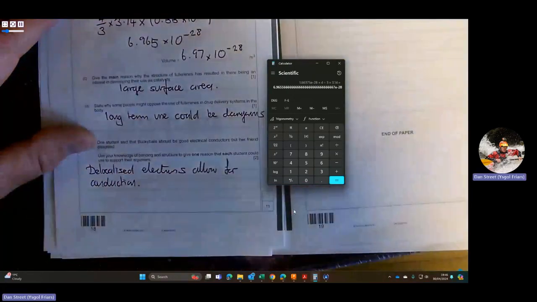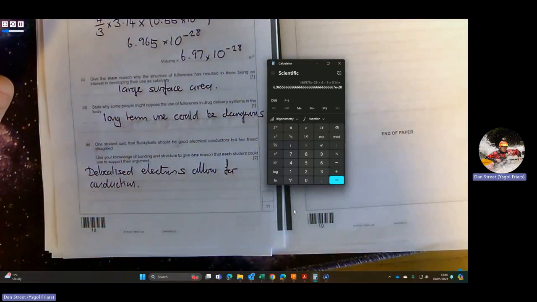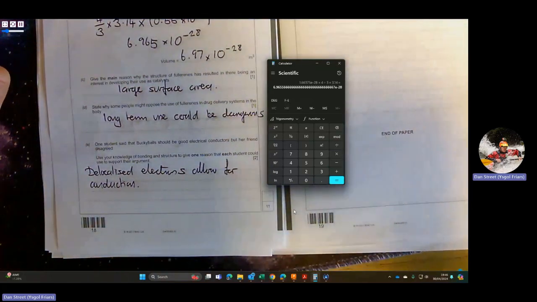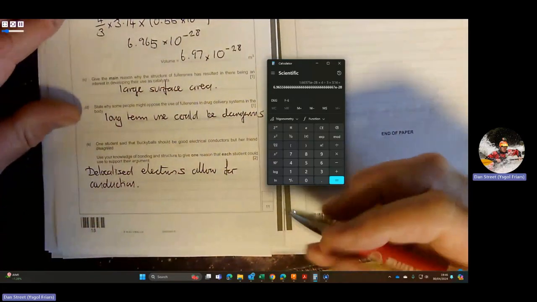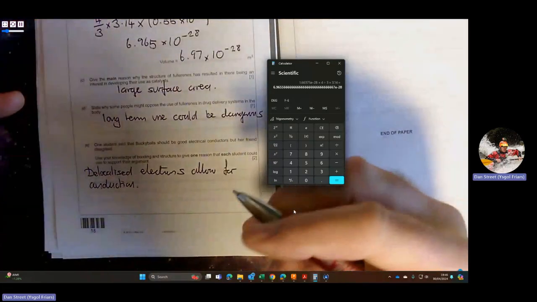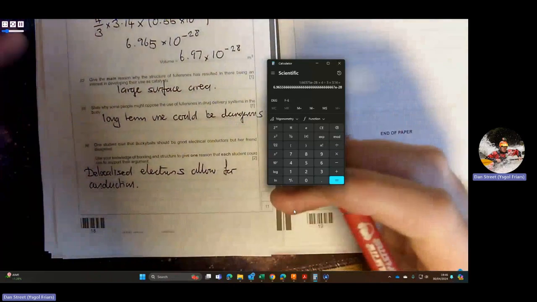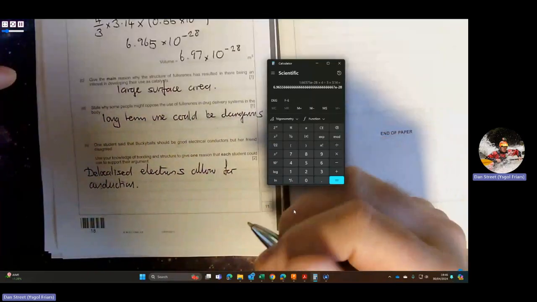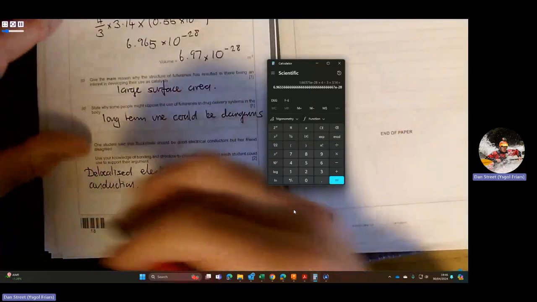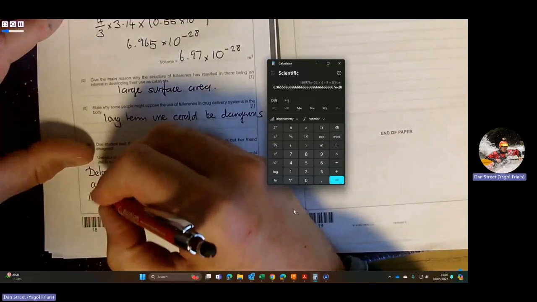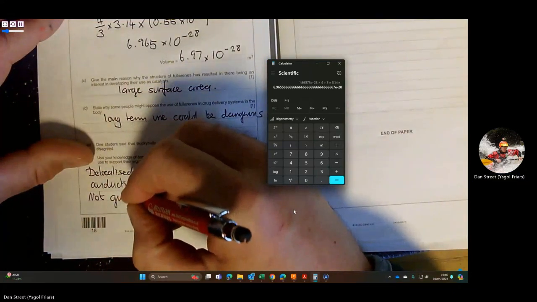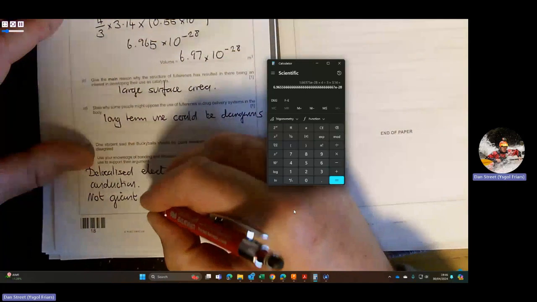However, unlike graphite, buckyballs are discrete molecules. They are not giant structures. They are small covalent molecules, and therefore that movement of electrons can only happen within the structure and can't happen within a larger body. Okay, so they're not giant structures like diamond and graphite.